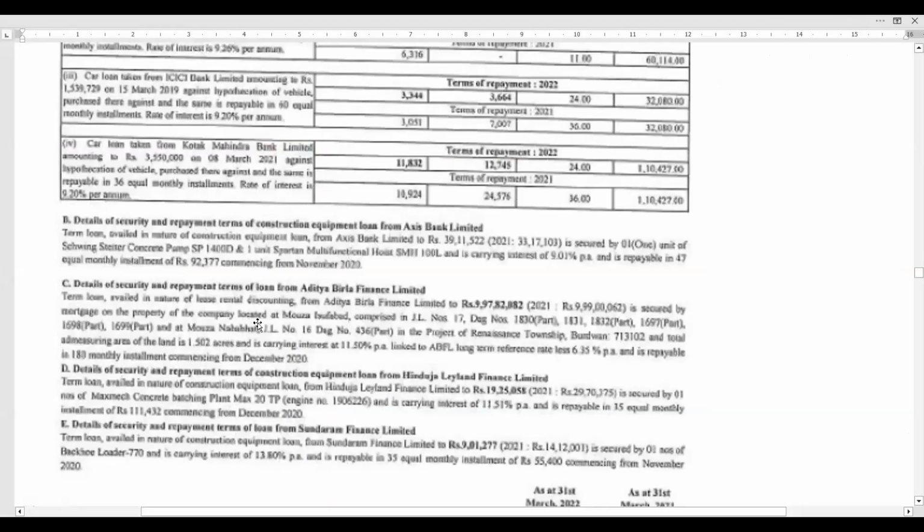Each and every loan they have given, including car loan, details of security and repayment, construction equipment from Axis Bank Limited, from Aditya Birla, and they have given each in the note. Previous year figure also. This is balance sheet of 2022. Within brackets, they have given numbers of 2021.